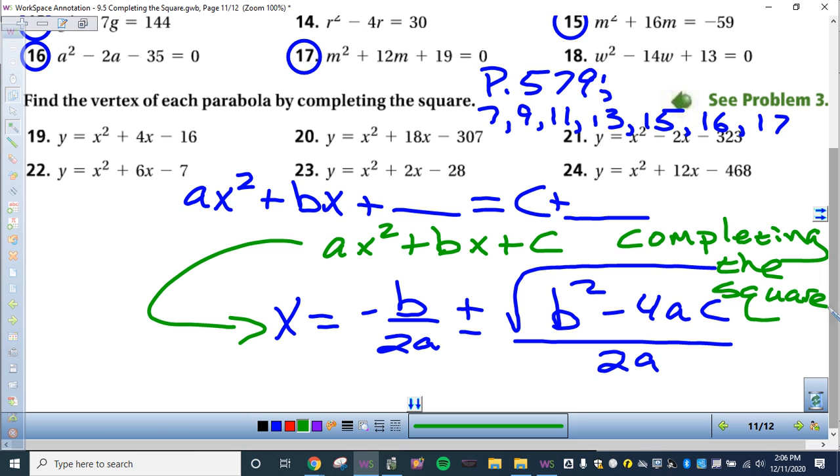Basically, the reason it happens is because you do b over 2 squared, and then you have to factor the a out, and it ends up in the denominator. It's a good challenge problem to try.